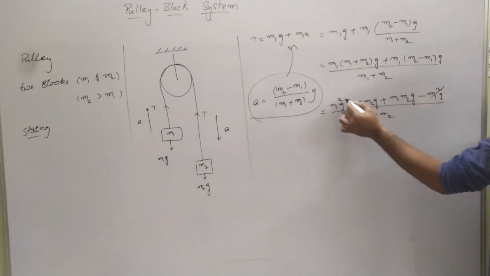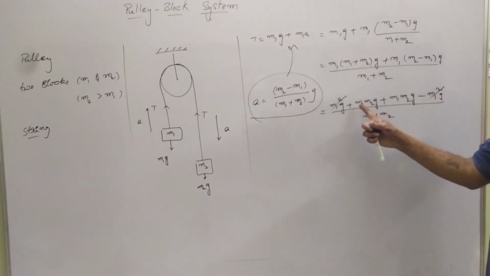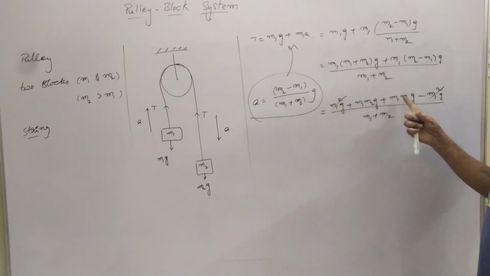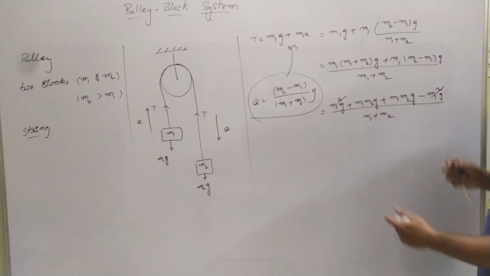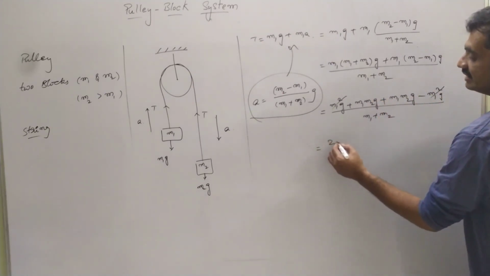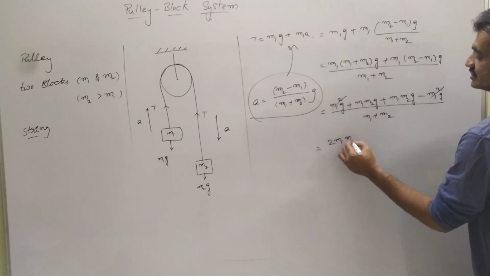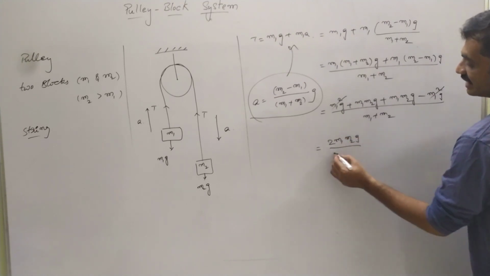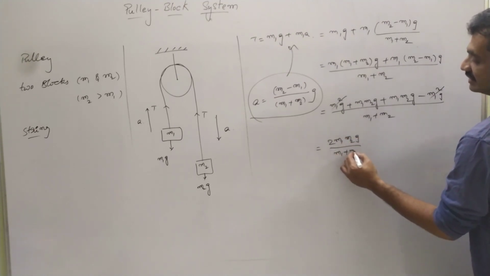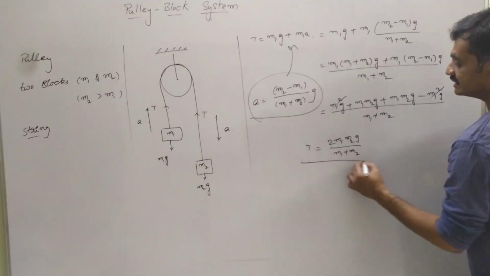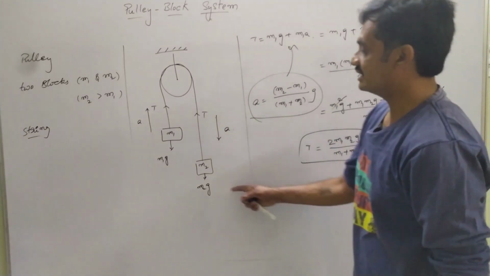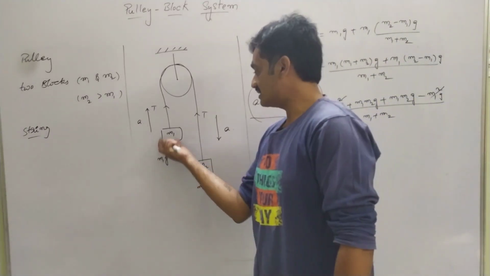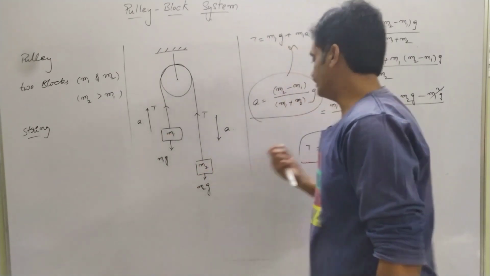So here observe that m1 square g gets cancelled. Observe this m1 m2 into g plus m1 m2 into g. We can represent it as 2 m1 m2 into g by m1 plus m2. So this represents the tension in the string due to masses m1 and m2.